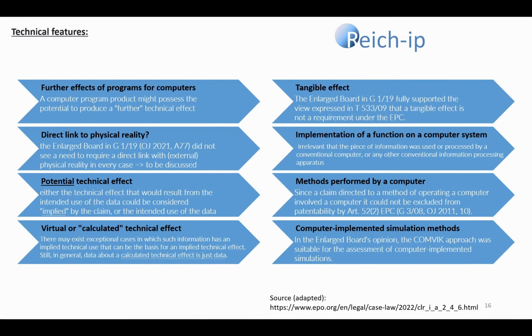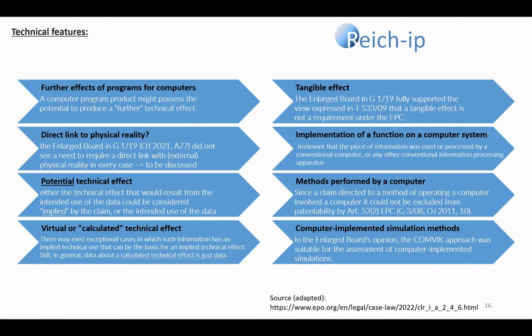Is there a need for a direct link to a physical reality? There we have very specific case law teaching us that they did not see the requirement of a direct link with external physical reality in every case. So this leaves it open. It is not a general determination that we do not need this physical link.